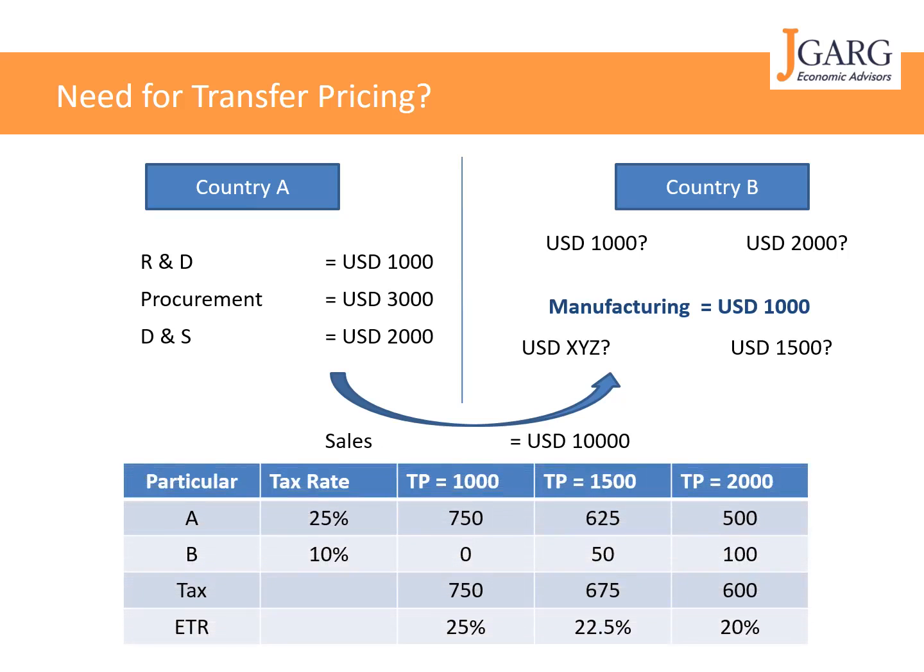Further, let's say the tax rate in country A is 25% and the tax rate in country B is 10%. Through this example, TP means the transfer price adopted by the company.